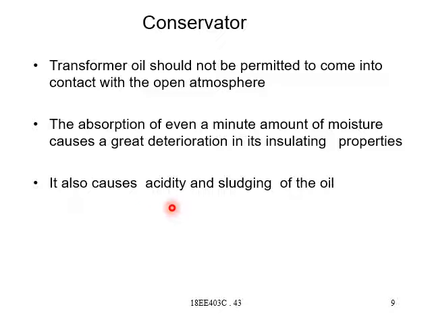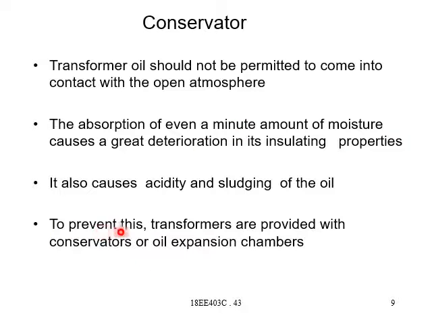So it causes acidity and sludging of the oil. To prevent this, the transformers are provided with conservators or oil expansion chambers. So there are some issues, and in order to prevent all of them, we use conservators or oil expansion chambers.